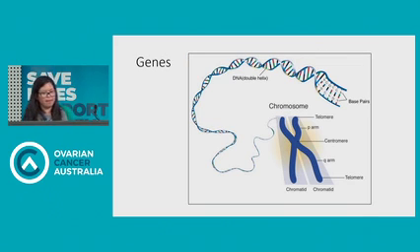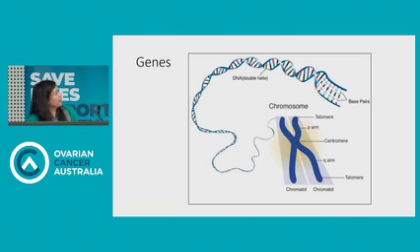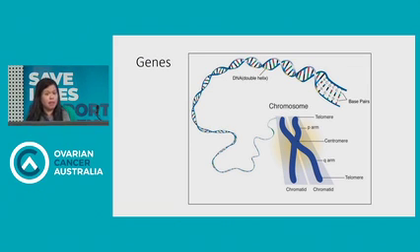I'd like to take a step back and talk generally about genes and chromosomes. Typically there are 46 chromosomes in each cell, grouped into 23 pairs. One member of each pair comes from our mum, and the other from our father at the time of conception. The first 22 pairs are the same in both men and women and are not sex-specific. The last two are the sex chromosomes, which are XX in women and XY in men.